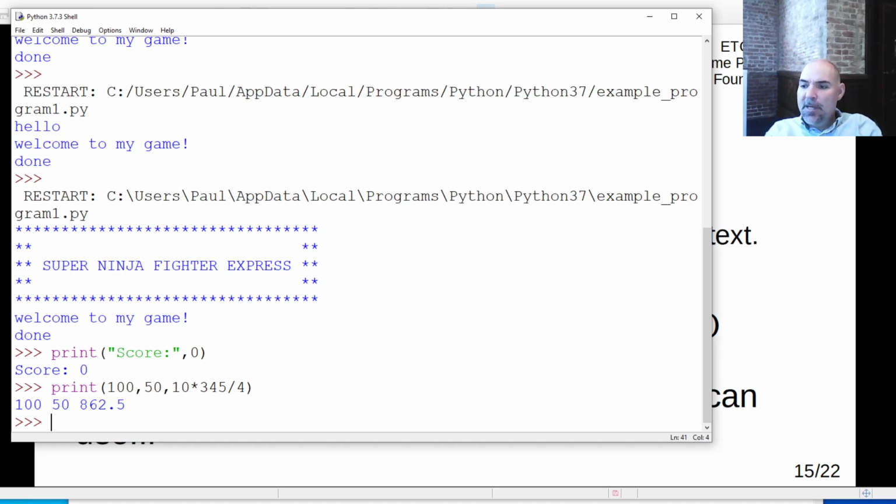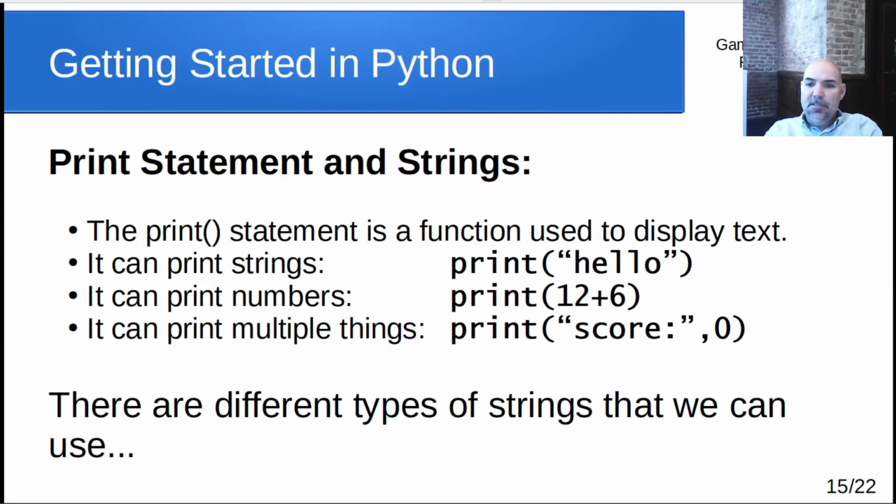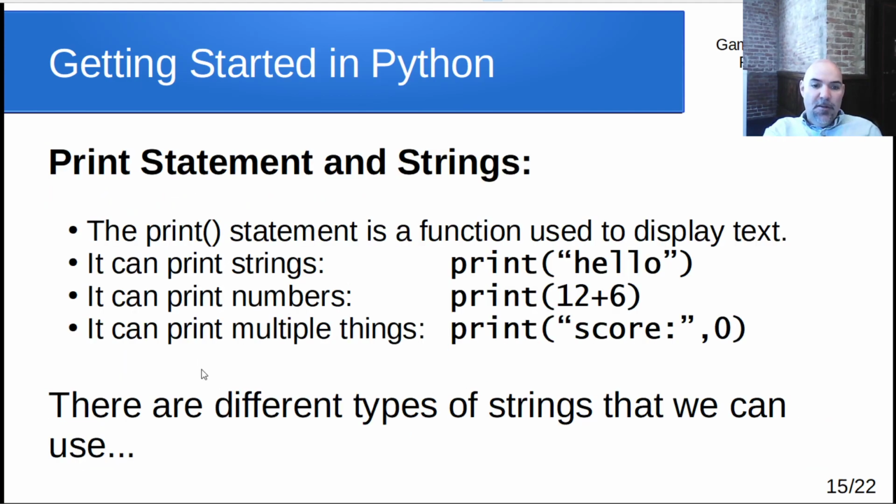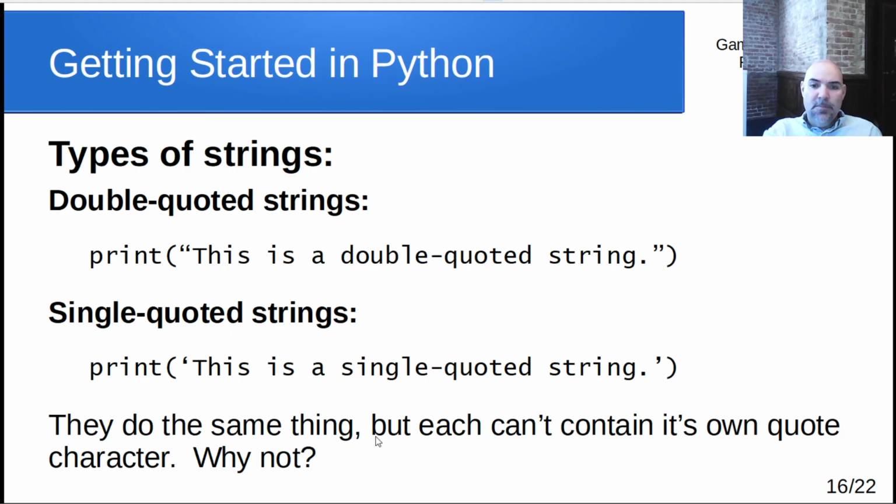Okay, let's switch back to the slides for a second. Notice that we've only so far used these double quoted strings like we have here, but there are other types of strings we can use as well. Those are the traditional double quoted ones that we've been using. One thing to note is that it's not a different character at the front and the end.